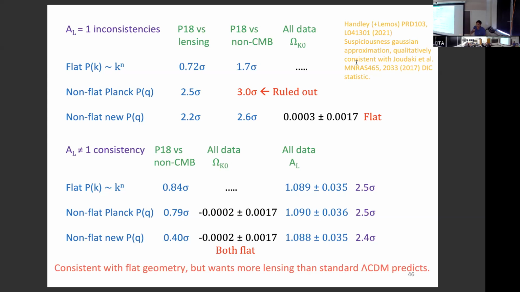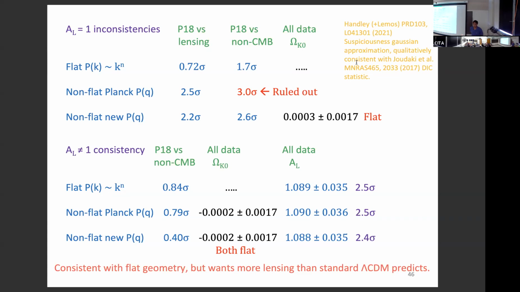But it's not just Di Valentino and Silk. It's in the Planck paper too, right? We never used A_L as an extra parameter. There's a whole paper on gravitational lensing where they start with this. We used it to determine what it was.